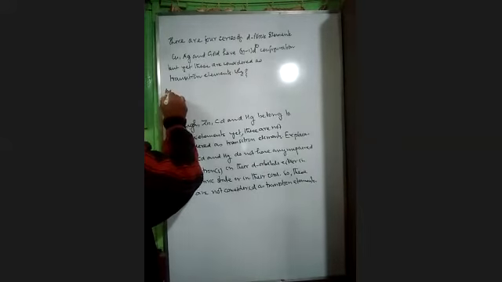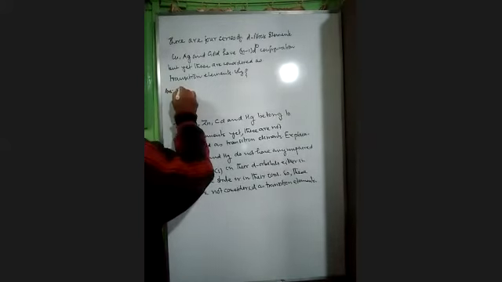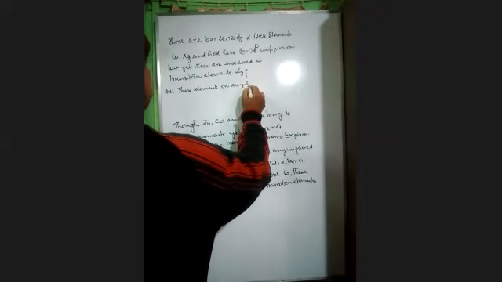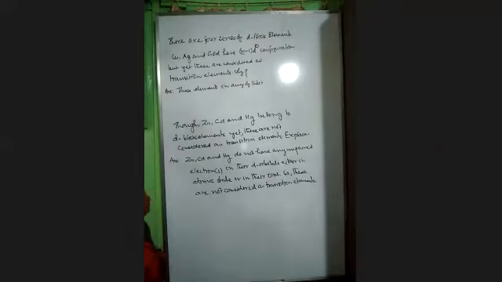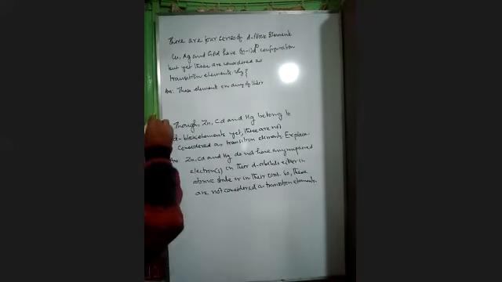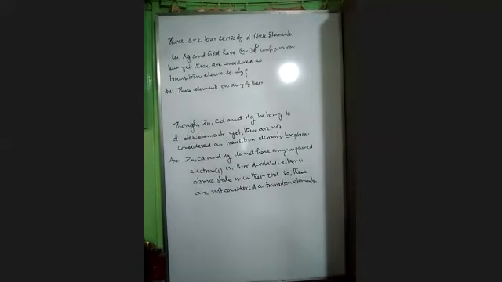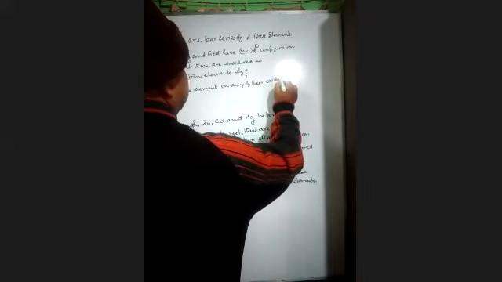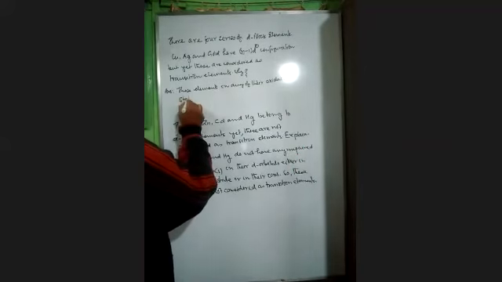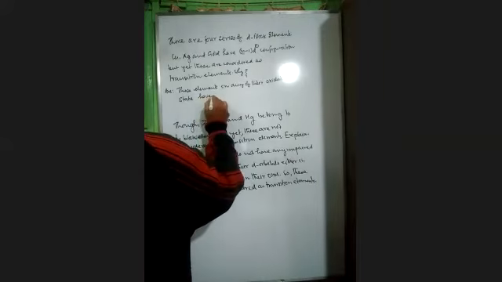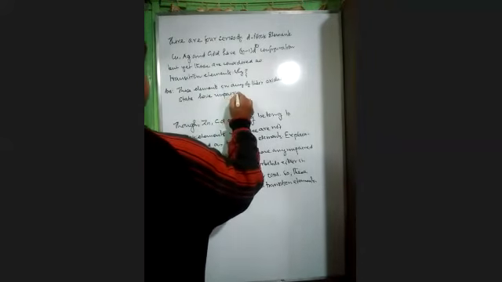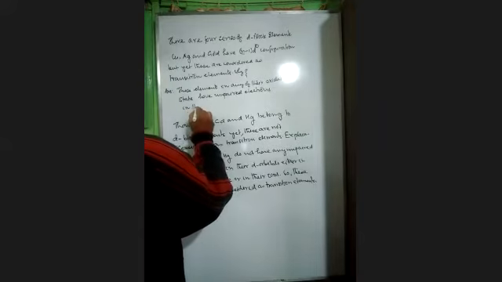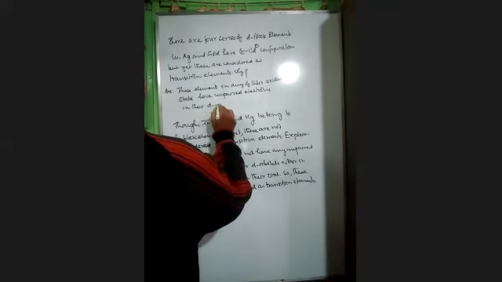So answer is these elements in any of their oxidation state have unpaired electrons in their d orbitals.